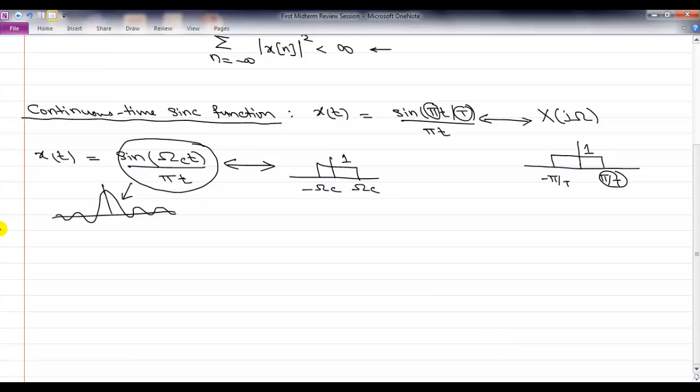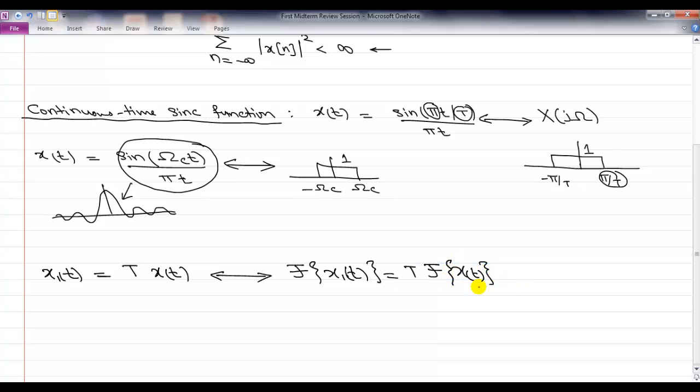Now let's talk about another version of this. Let's call something x1 of t, which I call t times x of t. Okay? So if I scale something in time, what happens to that function's Fourier transform? So if I multiply x of t with T and I say let's calculate its Fourier transform, it turns out that the Fourier transform of x1 of t will simply be equal to T times Fourier transform of x of t.